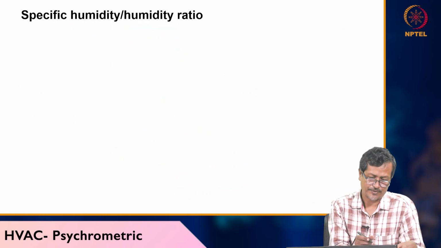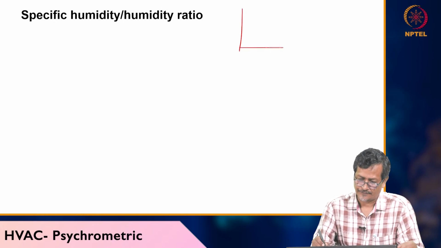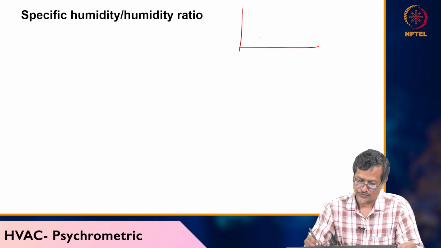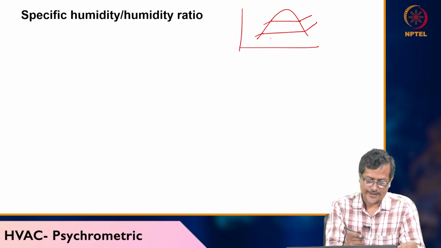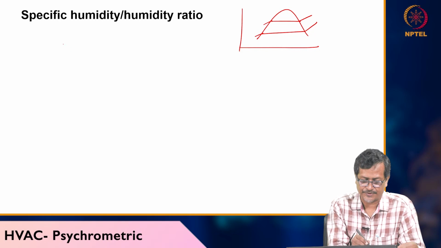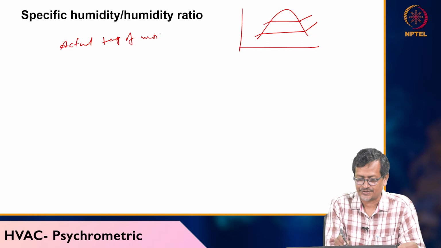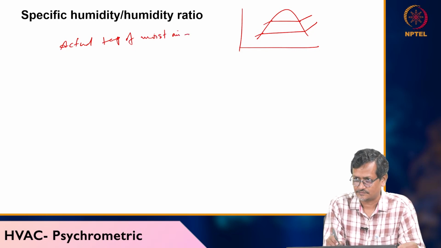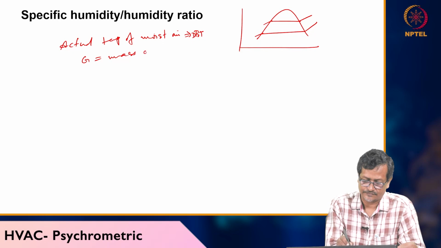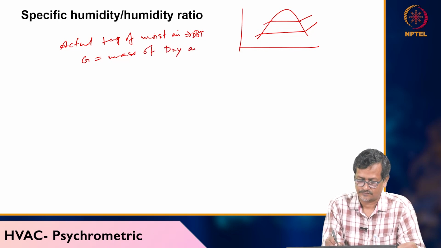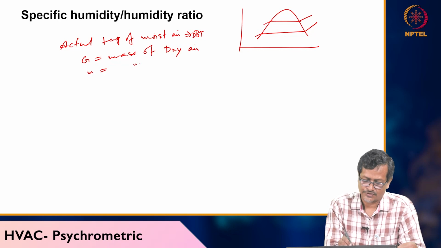So specific humidity or humidity ratio, TS diagram will draw. Okay, the actual temperature of moist air is called the dry bulb temperature of moist air, and G equals the mass of dry air, M equals the mass of water vapor.